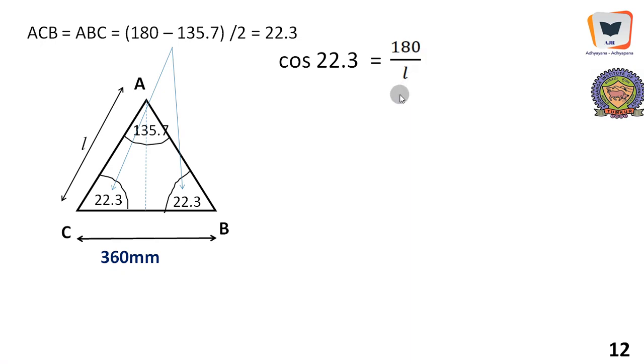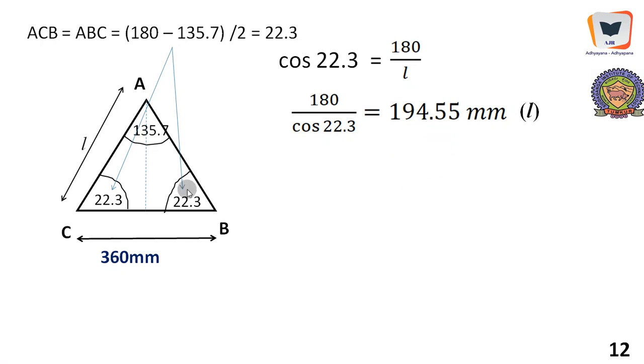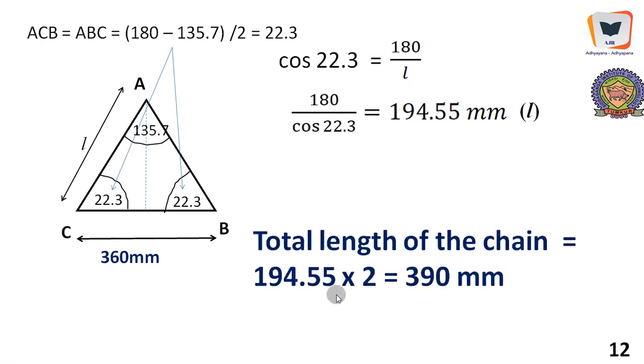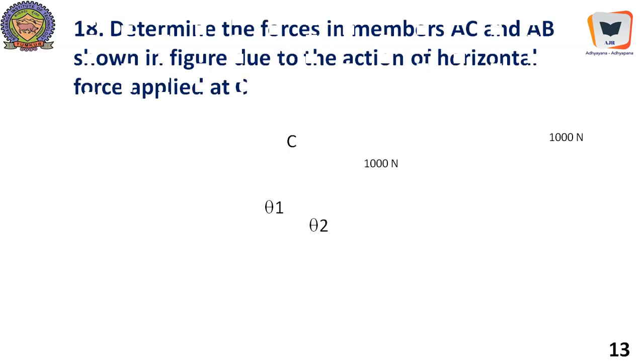Adjacent is 180, hypotenuse is L, and we will get L to be 194.55. That is, the half length of the chain is 194.55. Therefore, the total length of the chain should be 194.55 into 2, that is 390 millimeter. So therefore, a 390 millimeter sling of the chain can keep the box in equilibrium, not allowing it to tilt either rightwards or leftwards.